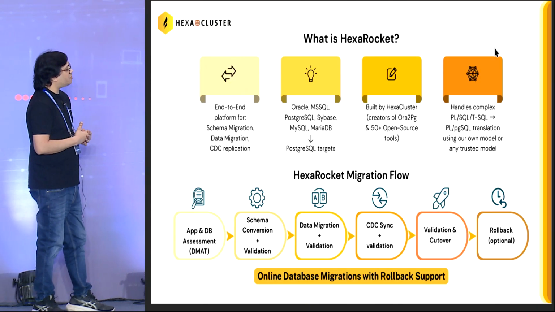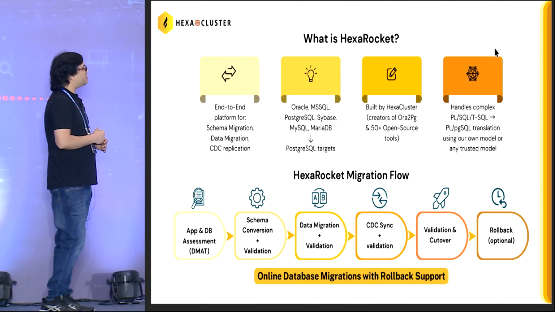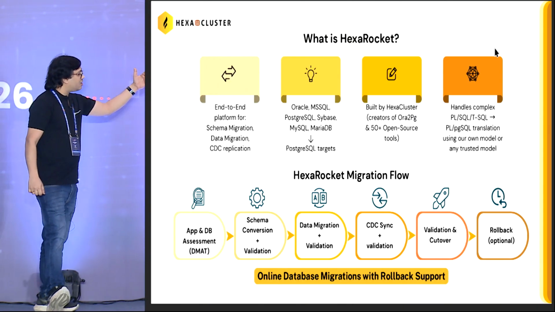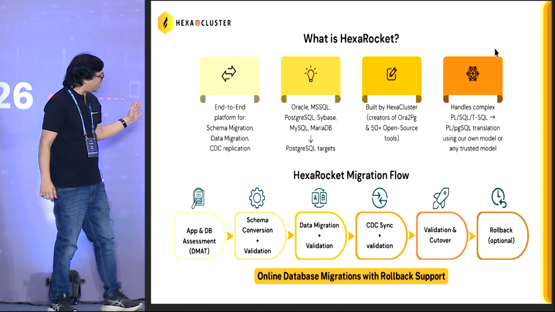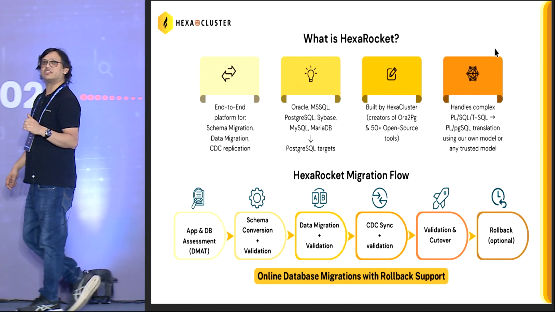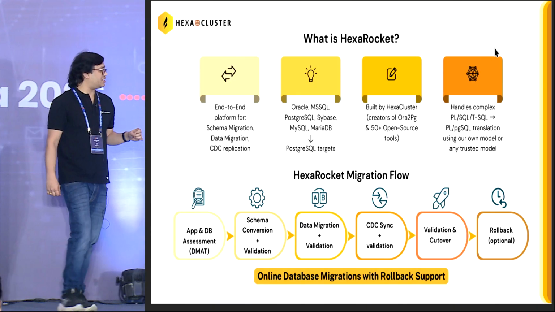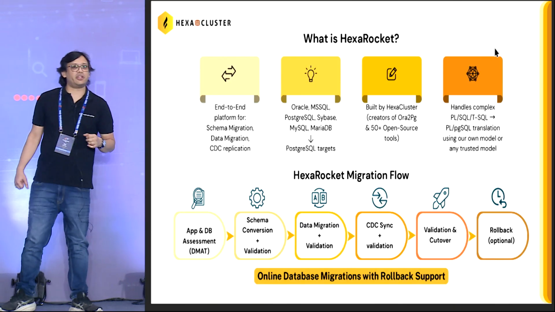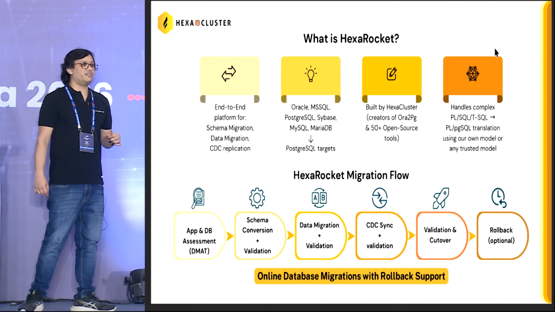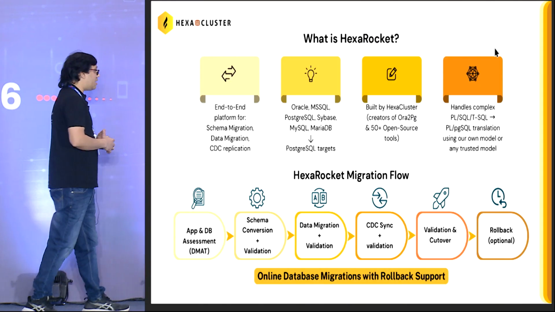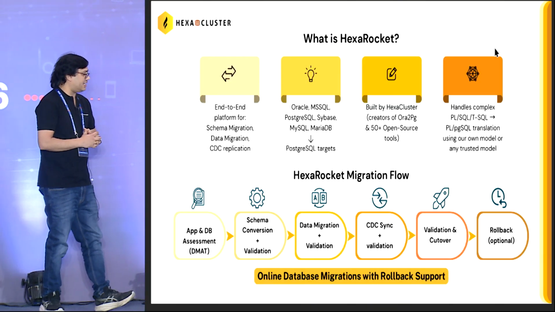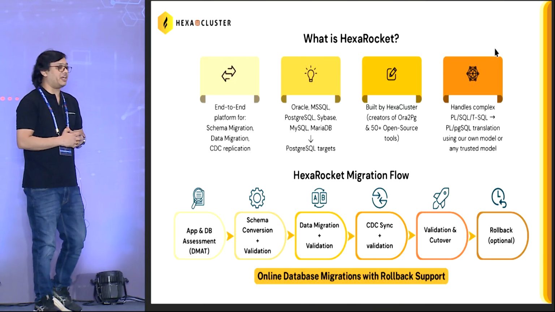And at the same time, talking about the flow, right? We start with an assessment, and this entire migration journey that you're looking at is done through our tools. DMAT is one of our migration assessment tools. It takes probably 20 minutes to perform an assessment of 150 databases, right? That is the capability of DMAT, giving completely detailed insights into the compatibility.